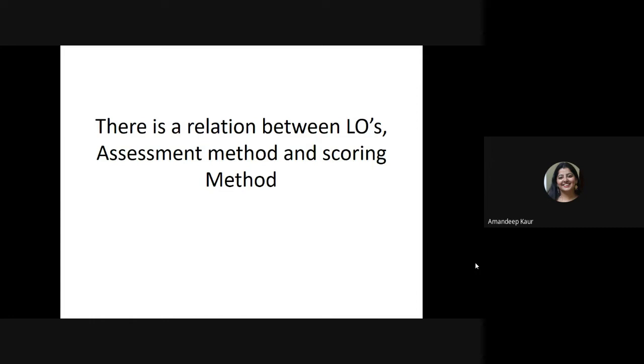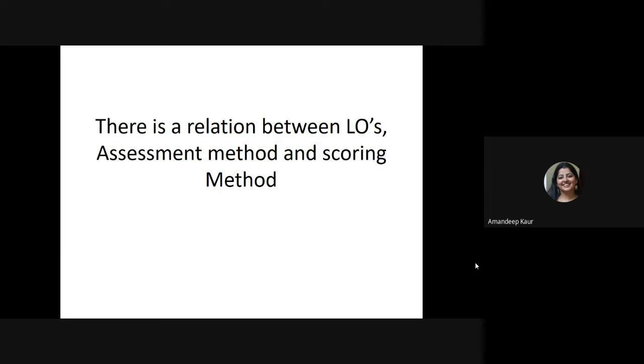So that at the end of the semester, when my student appears for a final examination, my student is able to synthesize information, able to present information in a specified time period as per the weightage given to that particular statement. So that is why we want our student to have a structured kind of writing. That is why we are giving assignment activities to our student. So your scoring method, evaluation method also should be in line with the learning outcome that you have designed.